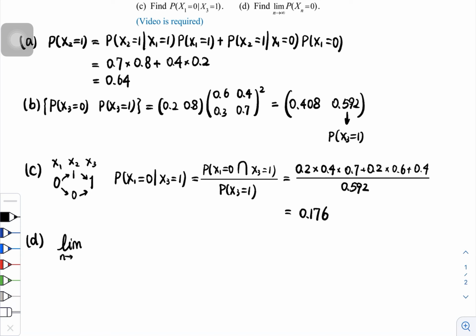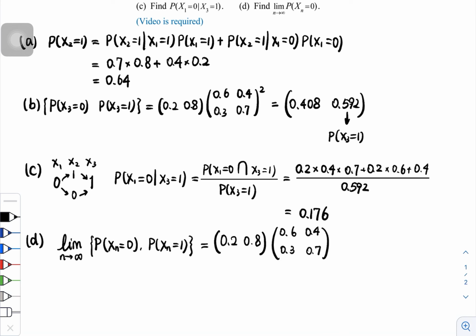When n is close to infinity, the probability is actually the initial part times the probability, and the probability has a power of n.